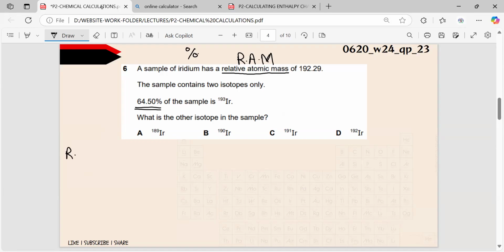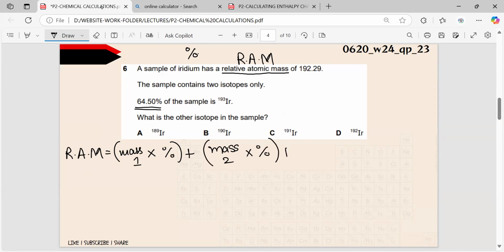Mostly to find the RAM, we have the formula: the mass of any one isotope multiplied by its percentage abundance, plus the mass of the second isotope multiplied by its percentage abundance, and so on. If you have three or four isotopes, you will keep on multiplying their mass with their percentage abundance. Then divide the whole by 100, or whatever the total of the percentages is.